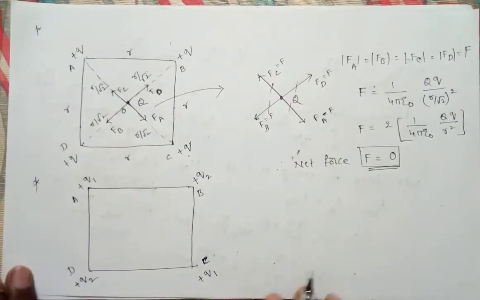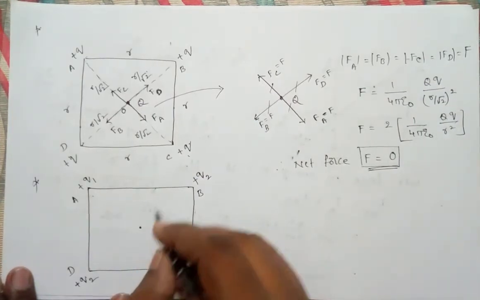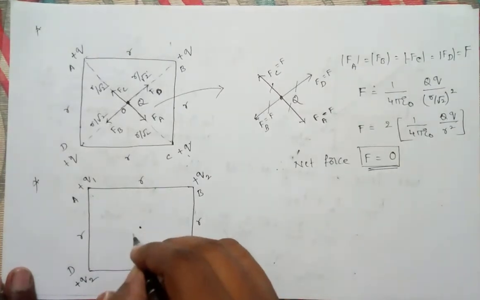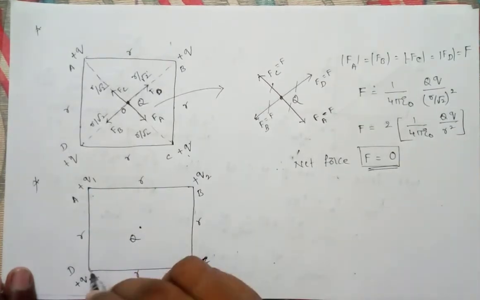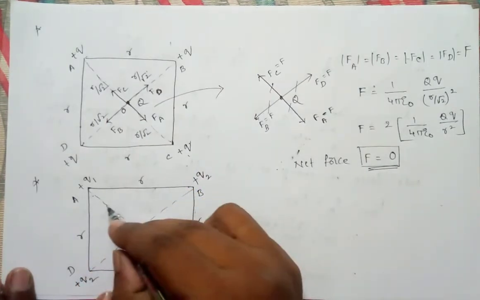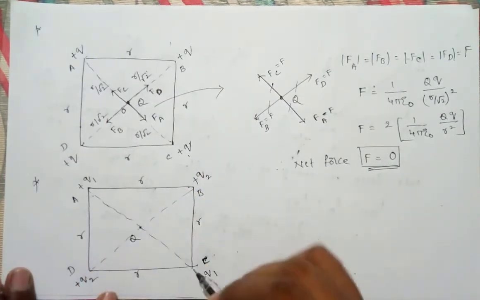The distance to the center is the same, and at the center I have taken the charge capital Q. Even in this situation, you can understand that the net force experienced is 0.